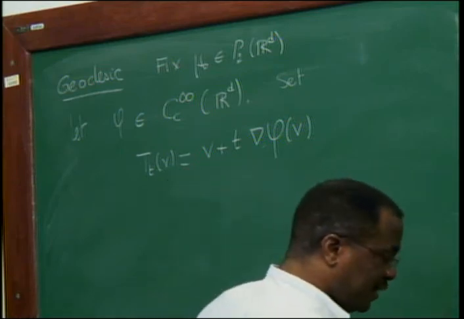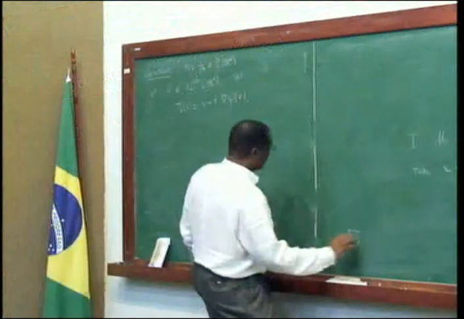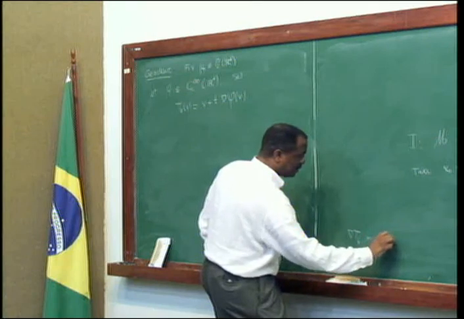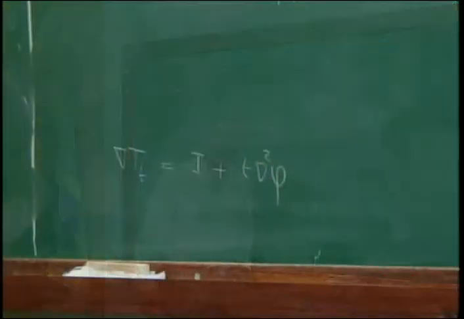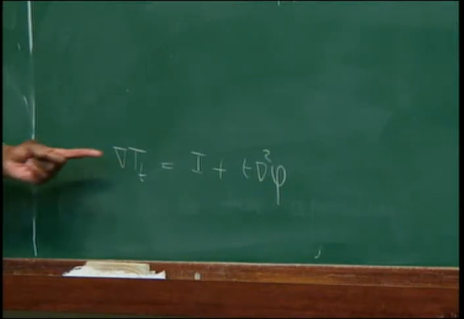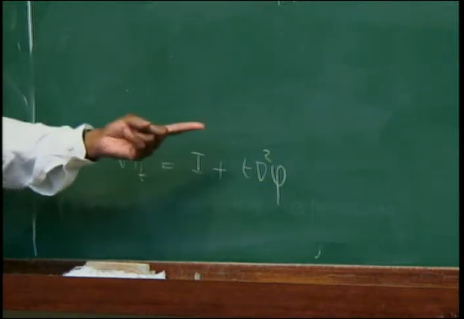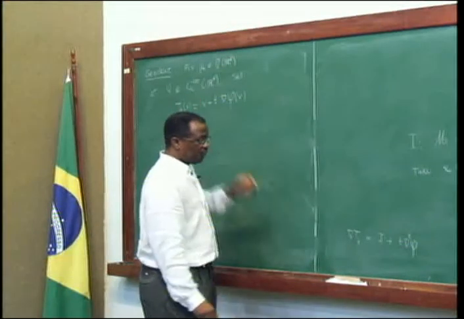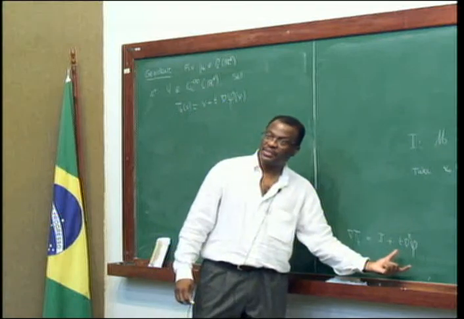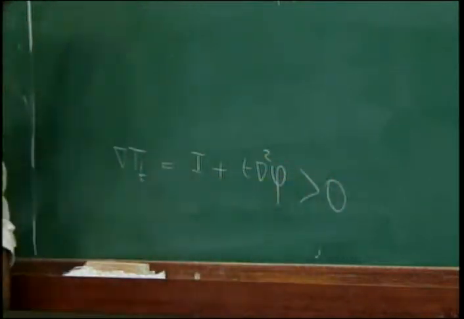So when I differentiate T_t, I get identity plus t, the second derivative of phi. This is symmetric, first. Second, because this function is smooth, the second derivative is bounded. Therefore, if t is small, this is bigger than 0.